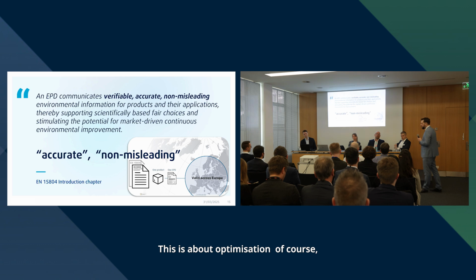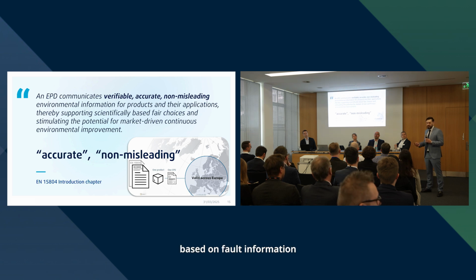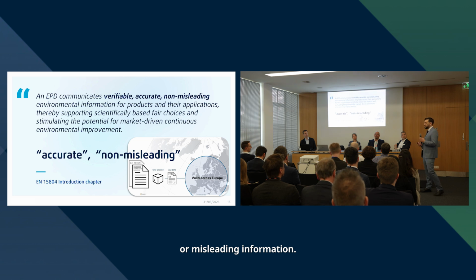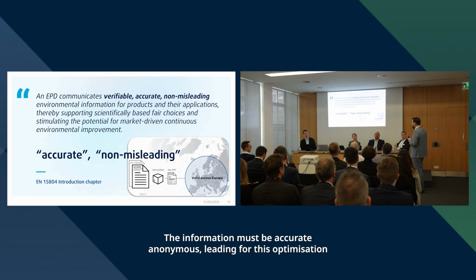This is about optimization, of course. And you cannot optimize based on faulty information or misleading information, presumptions. The information must be accurate and non-misleading for this optimization to work.